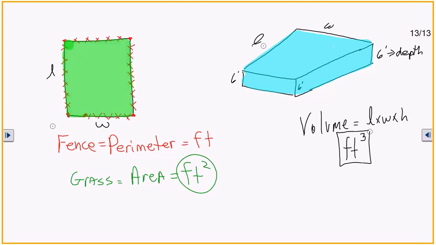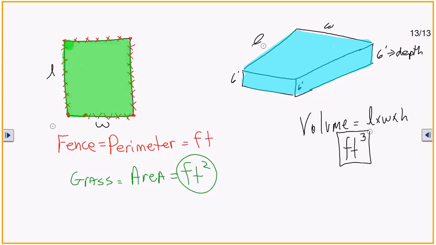Okay, so you have the perimeter, which is a fence. You throw grass seed all around your property, that's area. And you dig down 6 feet and fill it full of water, you've got a pond, which is volume.